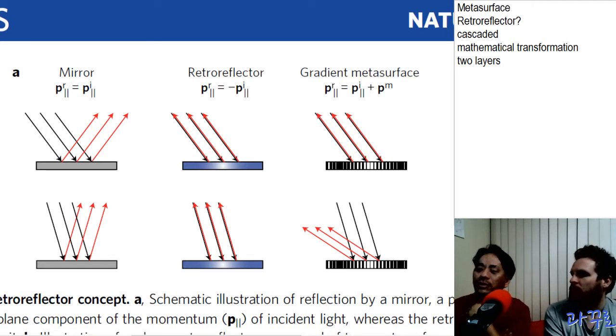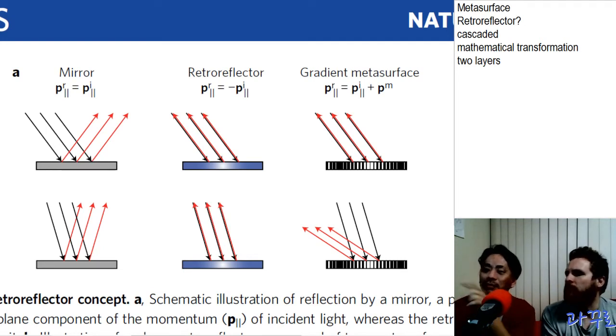So it only works as a retroreflector for a specific angle, because it's basically adding momentum to another direction. I think that's what it's saying.